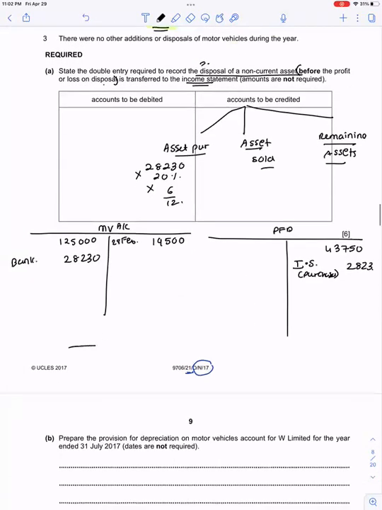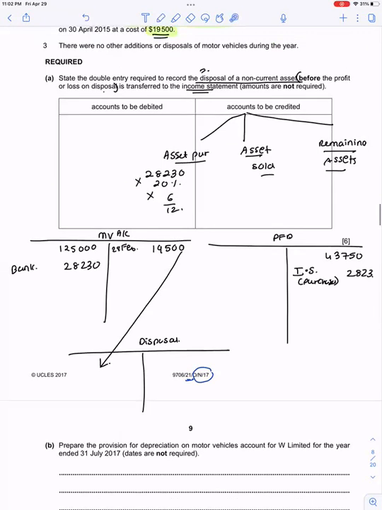First, I will remove the cost of the asset sold. I'm crediting the motor vehicle account. And where will I debit it? In the disposal account. 19,500.